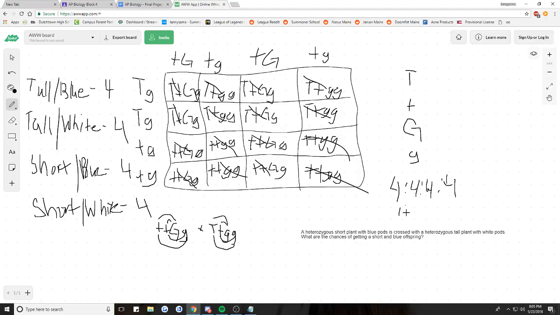Or you could write 1 to 1 to 1 to 1. Whatever works. And to finally answer the question, it would be the short and blue one, it would be 4 or 1, and the chance of it in a percentage would be 25% since all of them are equal to each other. So chances of it is 25%.